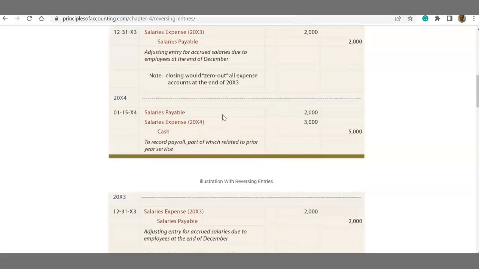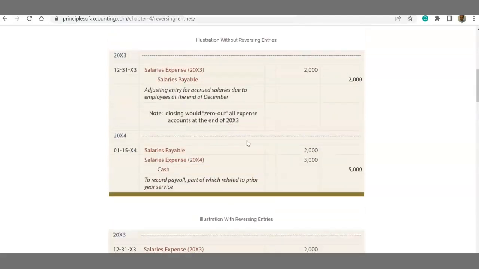you see in here, if you don't do any reversing entries, on January 15, when you do the payroll processing, then you have to record salaries expense of just $3,000, even though you are going to pay $5,000, right?